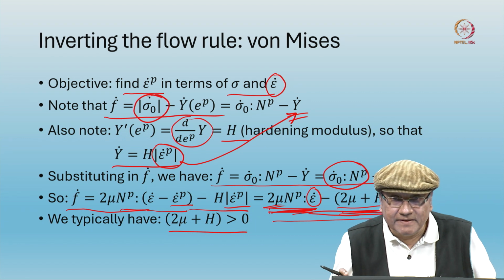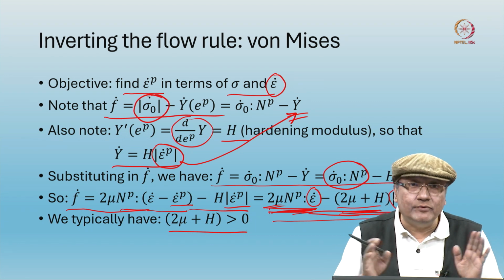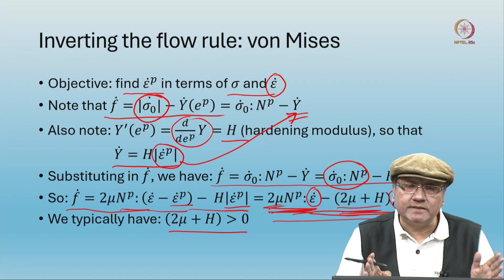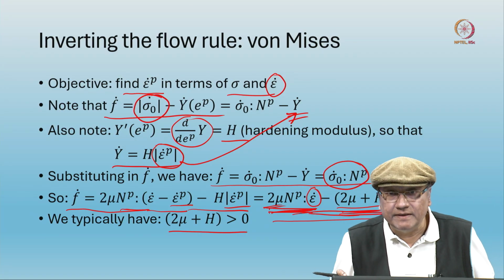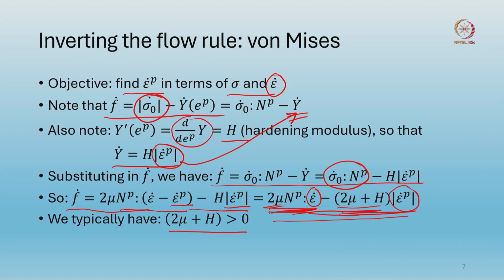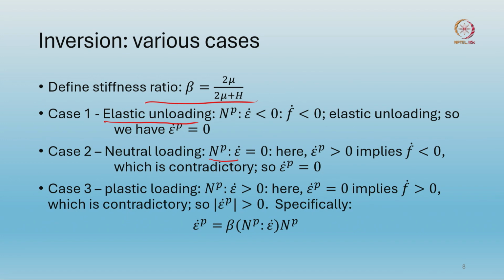So the only way in which a consistent solution can be arrived at here is that epsilon p dot must be equal to 0, even if f dot is equal to 0. So here f dot equals 0, and epsilon p dot is also equal to 0. That means nothing is moving because there is no straining being applied, because we assumed that NP colon epsilon dot is 0. This is called the neutral loading condition.